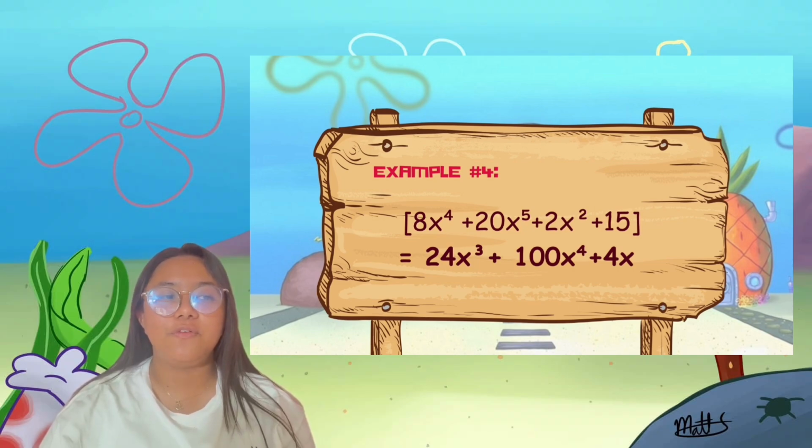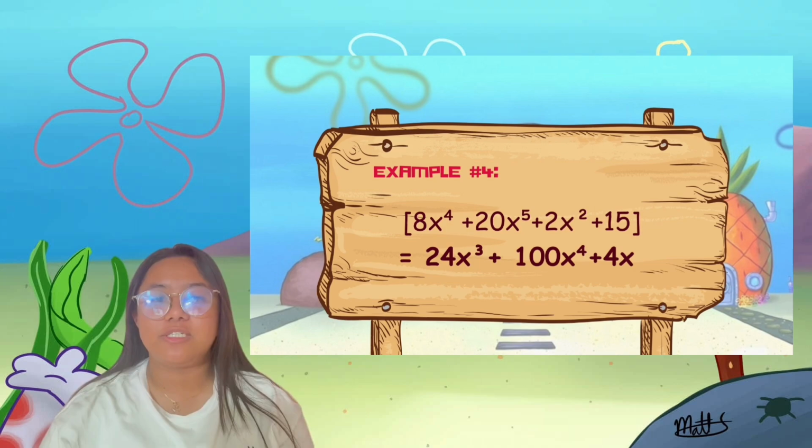So for the first term, we have 8x to the power of 4. It becomes 24x cubed. To get that value, you need to multiply first the value of x to the power, which is 4. That's why it's 24. And for the x to the power of 4, you need to subtract 1 from 4, that's why it's x cubed.